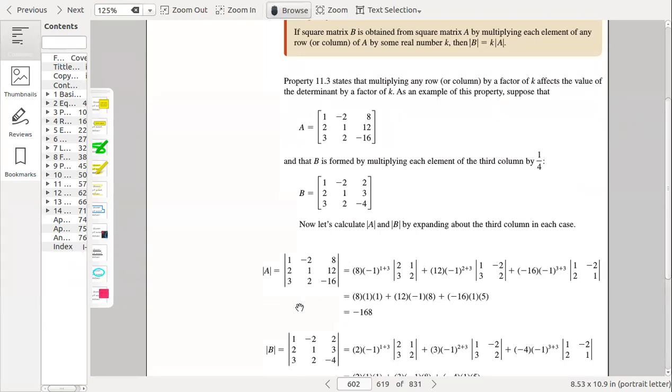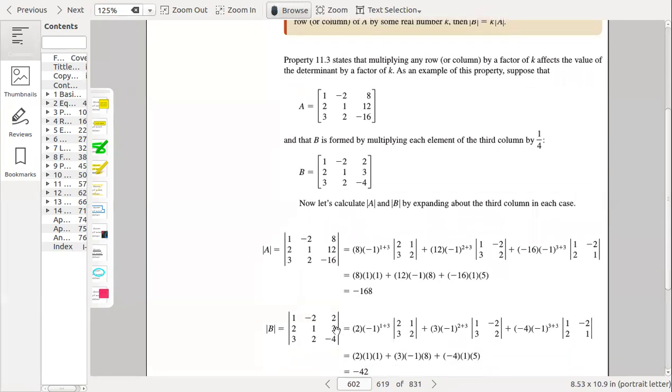Okay. So now if we obtain matrix B by multiplying each element of the third column by 1 by 4. What is the third column? The third column is 8, 12, minus 16. So multiply the third column by 1 by 4, and we will have 2, 3, minus 4. So 8 divided by 4 is 2, 12 divided by 4 is 3, minus 16 divided by 4 is minus 4.